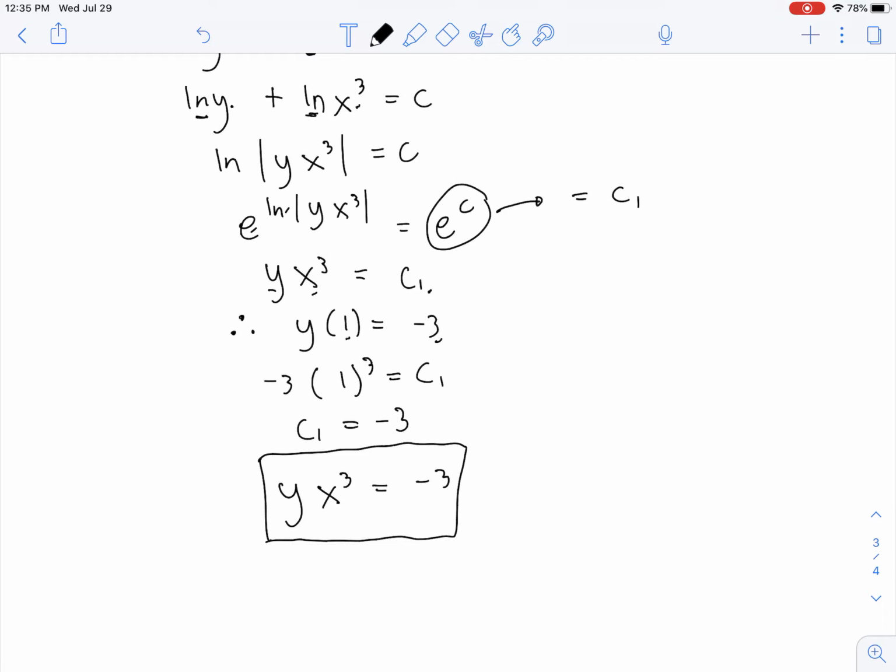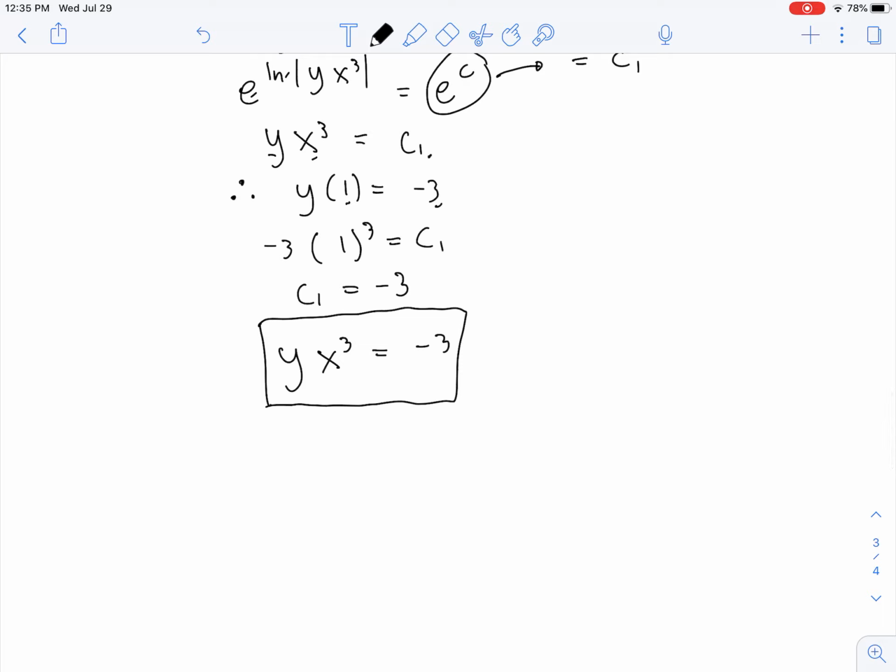Okay, so for example, nag-quiz ta. Then, giingon ako na dapat explicit ang solution. So kung inana gani, if explicit ang solution, ito lang i-divide both sides by x raised to 3.